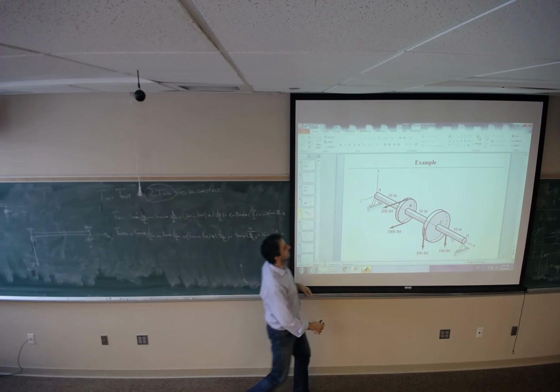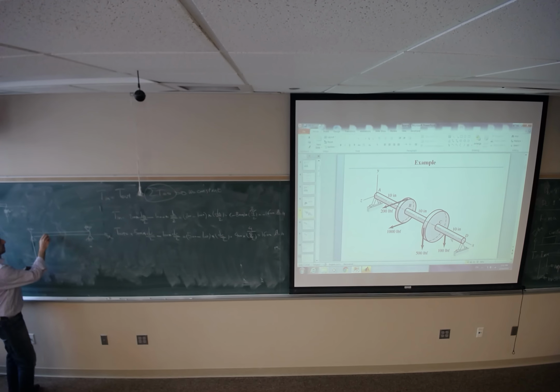What I see is axis Z and axis X. At location B, I'll see 1200 pounds pointing down.